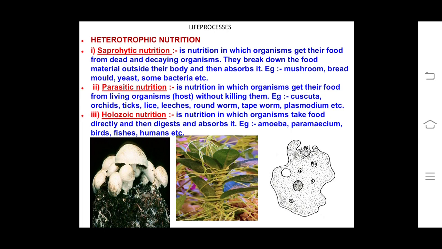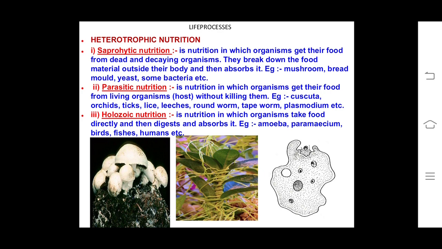In most schools we do that experiment to show the growth of saprophytic organisms. Or if you leave your shoes or leather bags outside in a moist atmosphere, we see small dot-like things formed on them, which is fungus. So saprophytic nutrition is the nutrition in which organisms get their food from dead and decaying organisms, not living organisms.